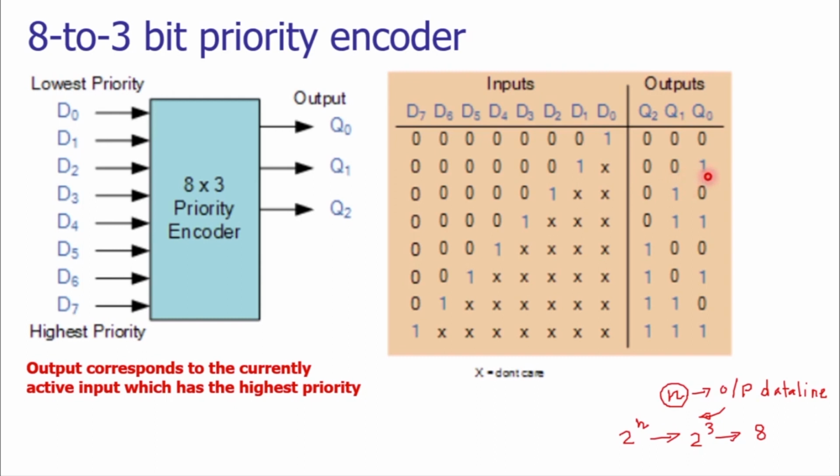At the output data line Q0, it will produce high level output, that is 1. If D1 is giving the high level input, and from D2 to D7 we are applying low level input, the encoder will not consider the input at D0.